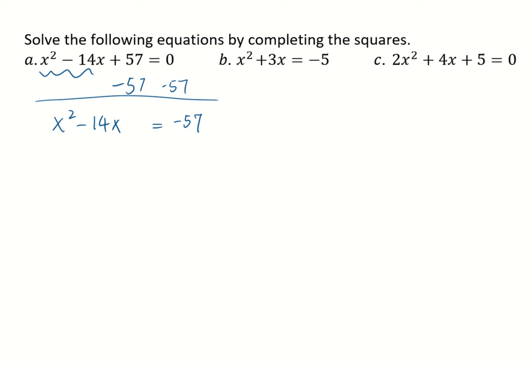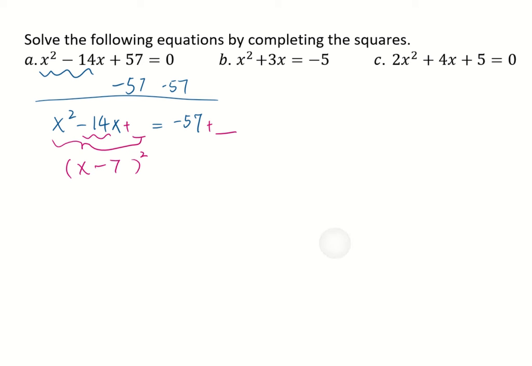Now I'm going to add a number on both sides so that these three terms become a perfect square trinomial. In other words, it becomes (x - something) squared. I already know it's (x - 7) squared because it's always negative 14 divided by 2.